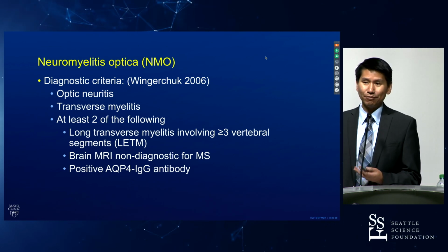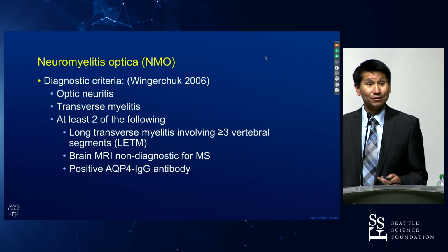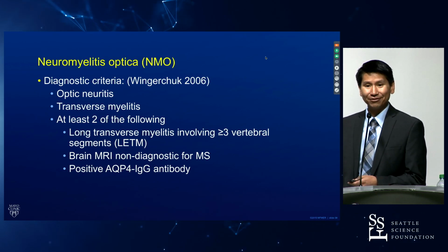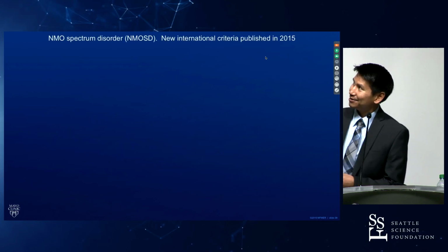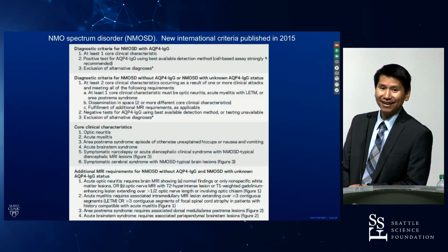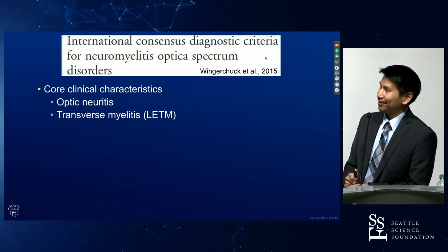But now that you have a specific biomarker for disease, the disease spectrum is going to grow because there's demyelinating conditions that we didn't think were NMO that could be. And so that led to the new international criteria that was published in 2015. And you can see it's a lot more complicated now. But I just wanted to boil through the main clinical core characteristics.